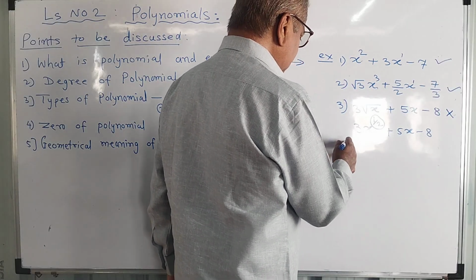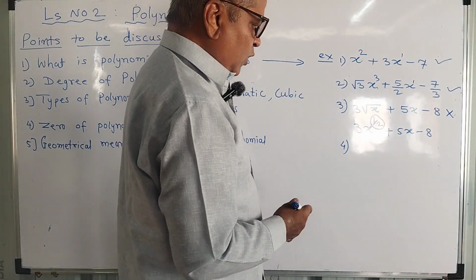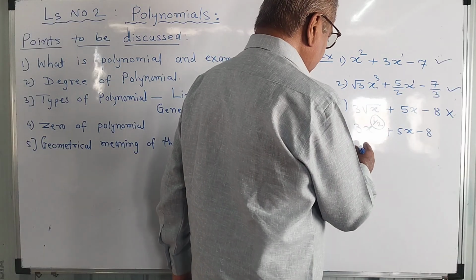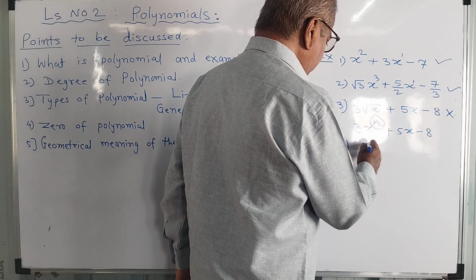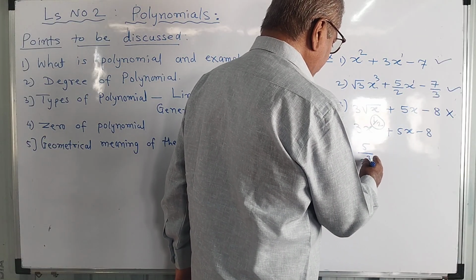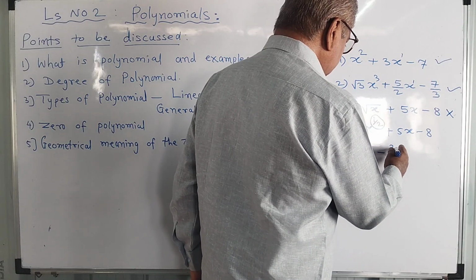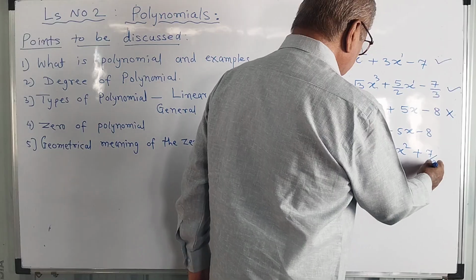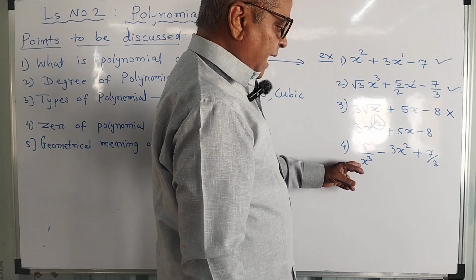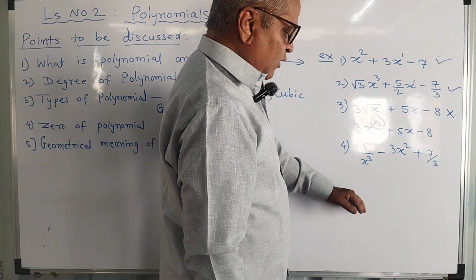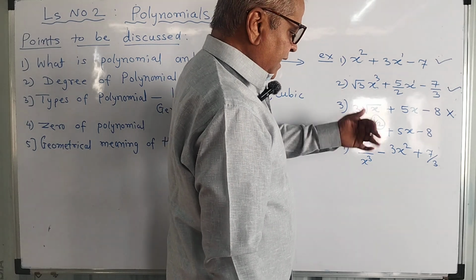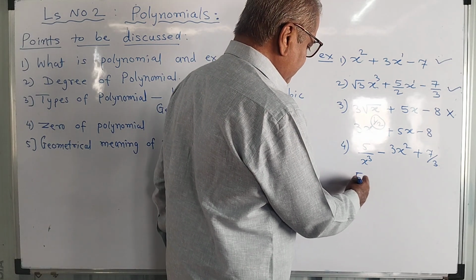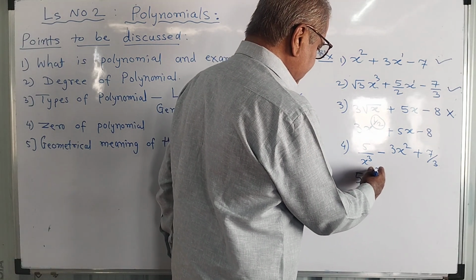One more example which is not a polynomial, we can write like this. Suppose 5 upon x cube minus 3x square plus 7 upon 3. So here x cube is in the denominator. When we take it to the numerator, it will be 5x raised to minus 3.